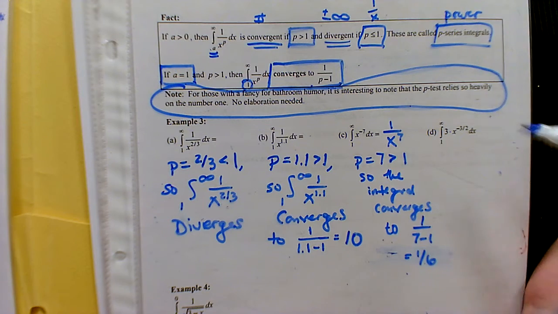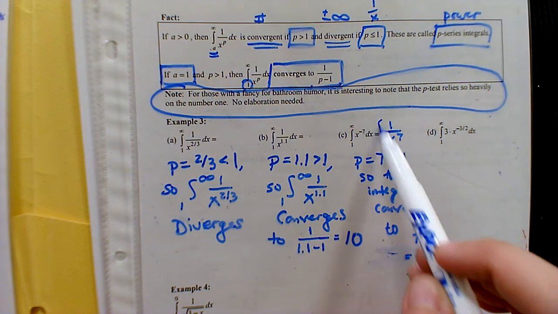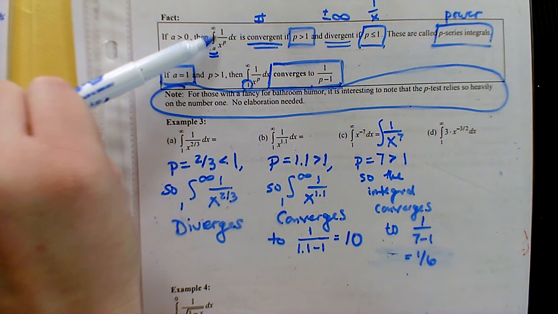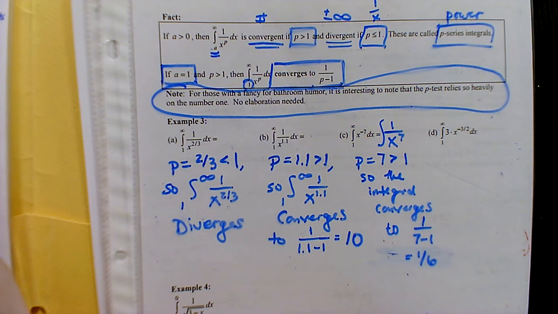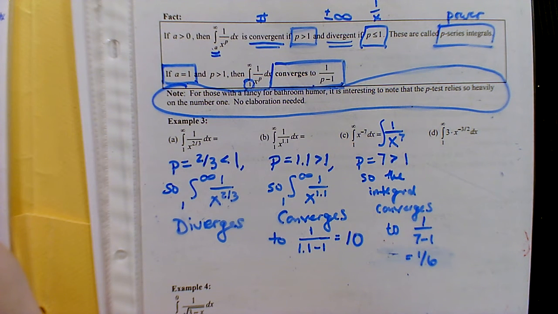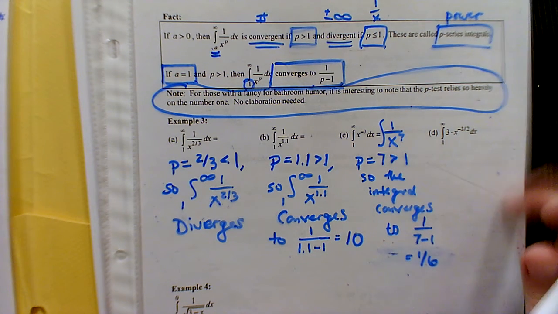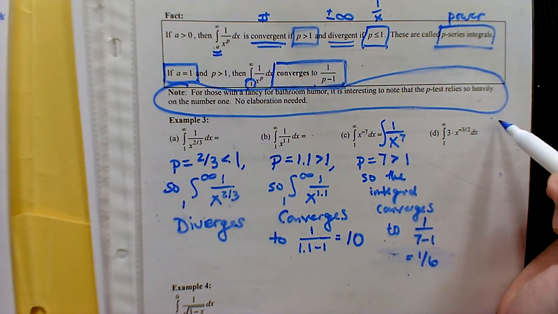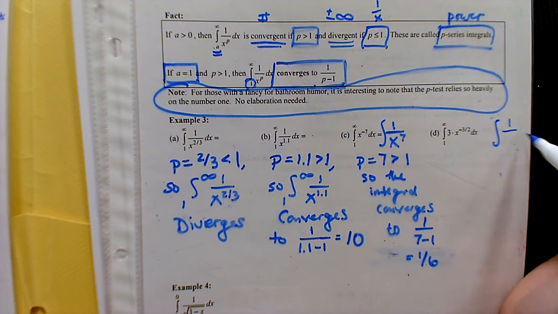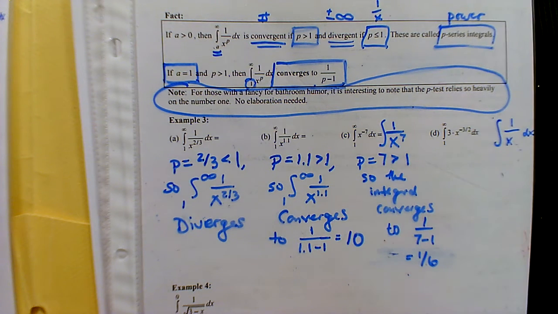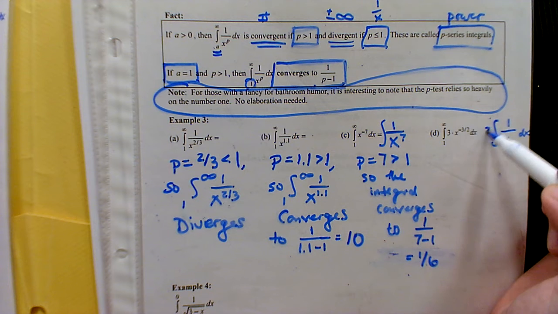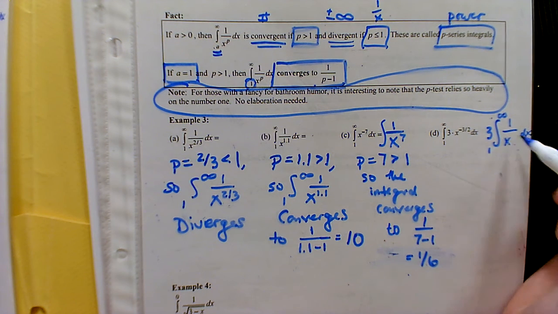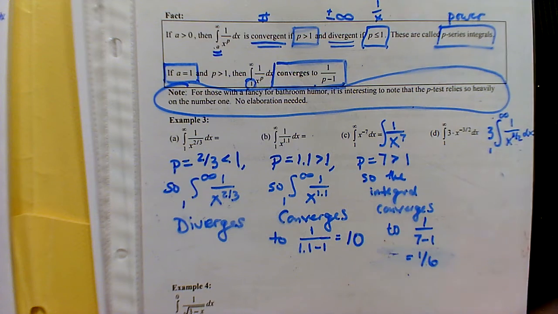All right, let's go ahead and try to rewrite the next one. Okay, can we make it look like 1 over x to a power? Think about some properties of integrals that we could try. We need this to be 1 over x to the something. We can take out the 3, yep, kind of factor it out, pull it out. 1 over x to 3 halves, good.